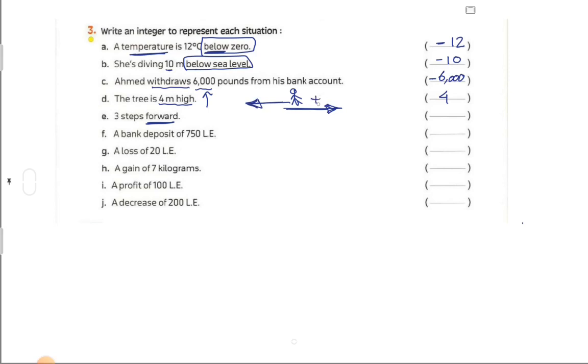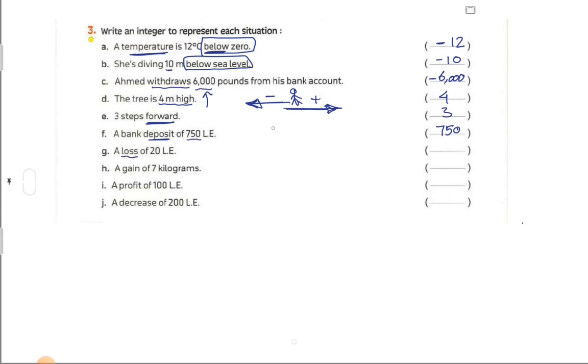Forward will be positive, backward will be negative. Here we have forward, so it's just 3. A bank deposit of 750. You deposit your money, so this amount 750 is positive.